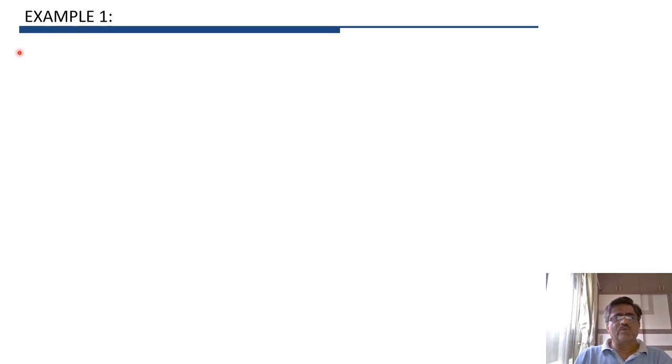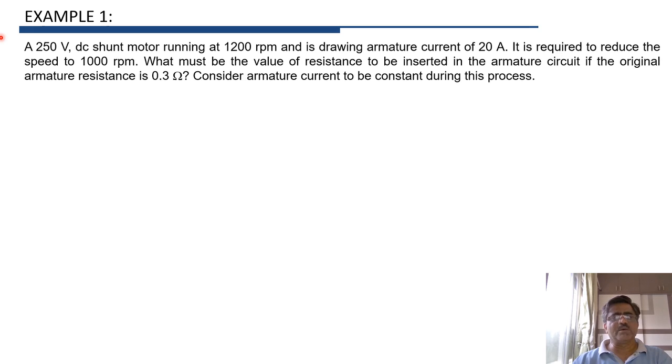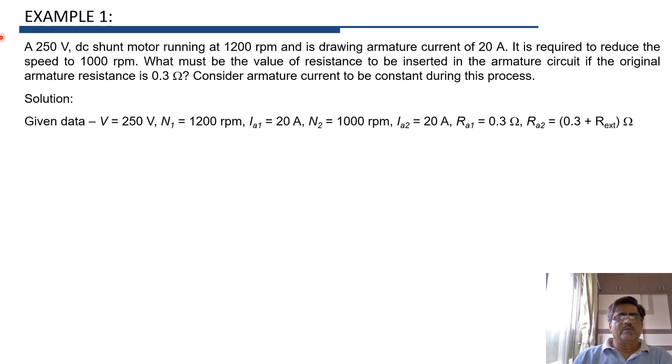Now let us solve few numerical problems on speed control of DC shunt motors. So example 1, a 250 volt DC shunt motor, means V is given as 250 volt, running at 1200 RPM.